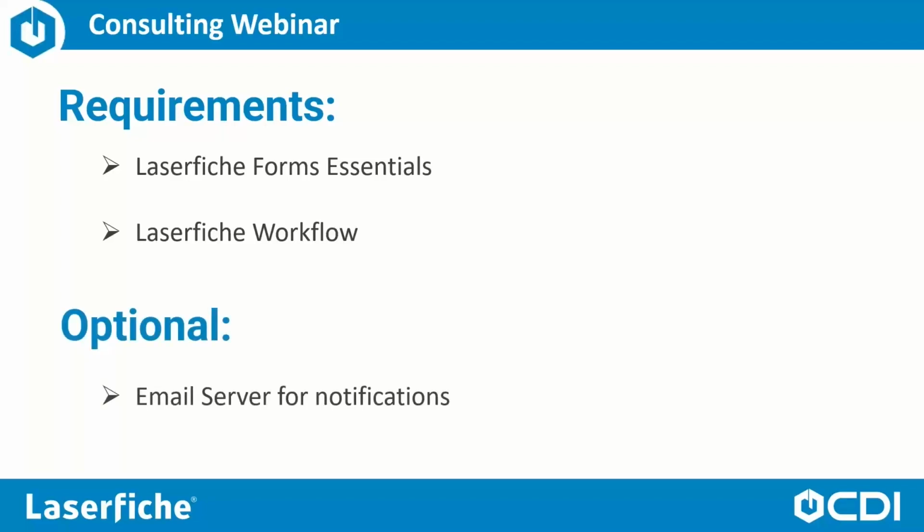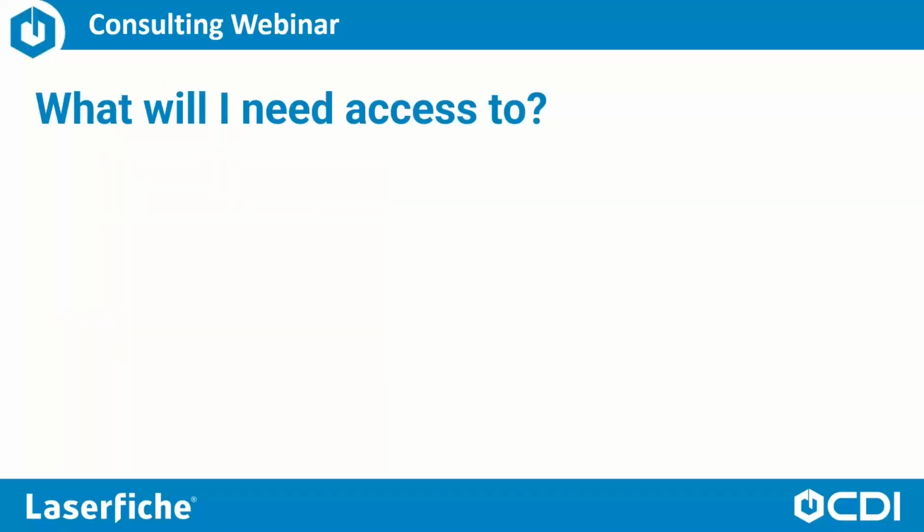Optionally, you might need an email server, and we use that for notifications of tasks for various users within the forms processes. If you don't want to send email notifications, then you don't need that email server, but that's optional.